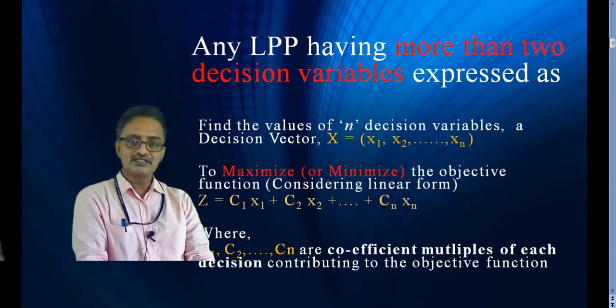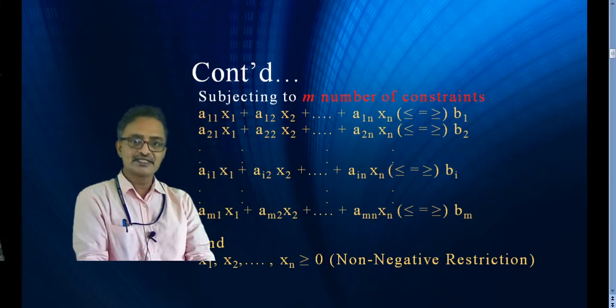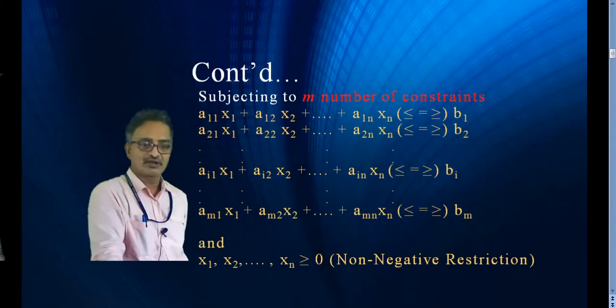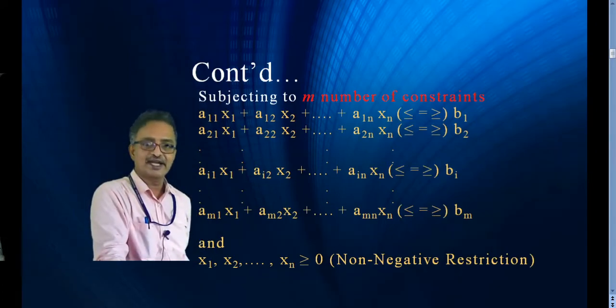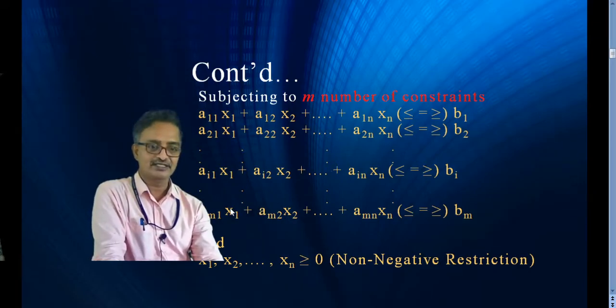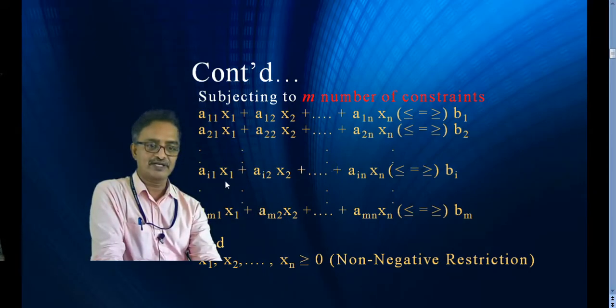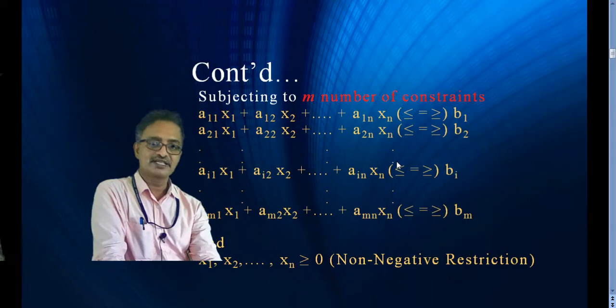Now this objective function is subject to m number of constraints. Let us say the ith constraint is ai1 x1 plus ai2 x2 plus etc. ain xn, which is either less than or equal to, equal to, or greater than or equal to a particular resource value.